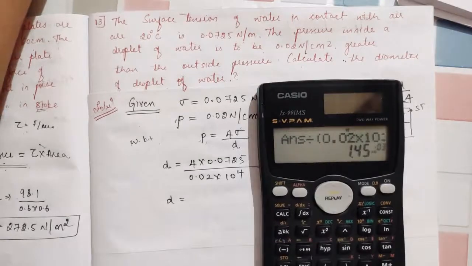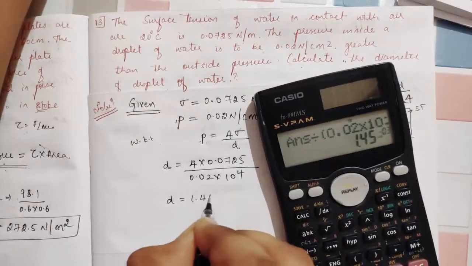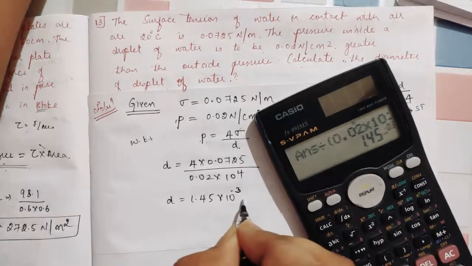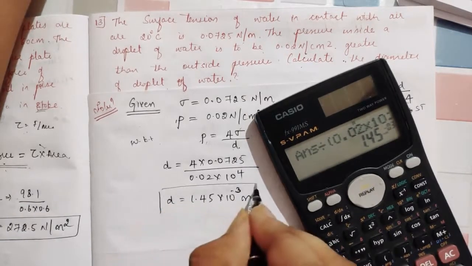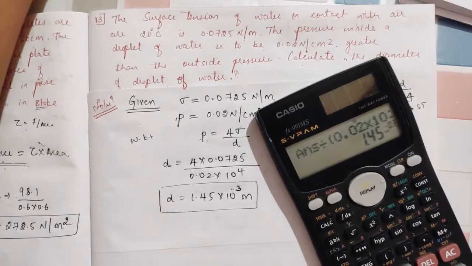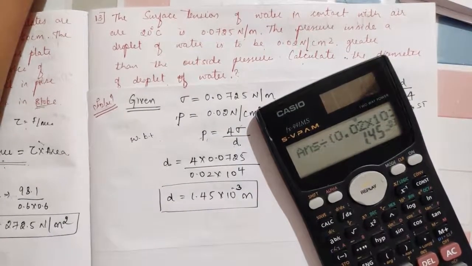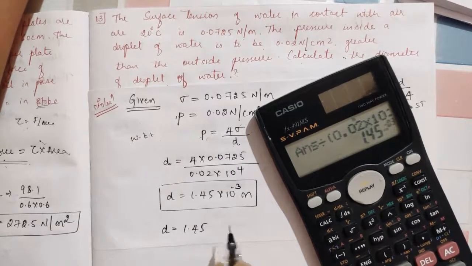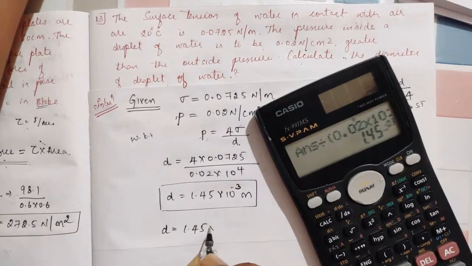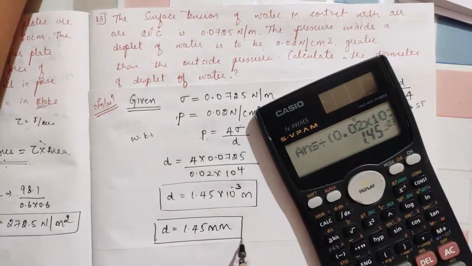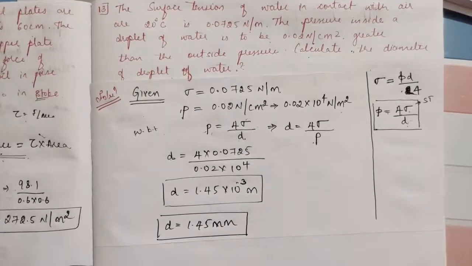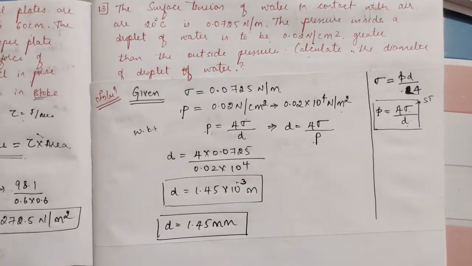It is 1.45 into 10 power minus 3, in meter. Or you can also say the diameter of the droplet is equal to 1.45 mm. So this is how we do the problem whenever a problem on surface tension is given.